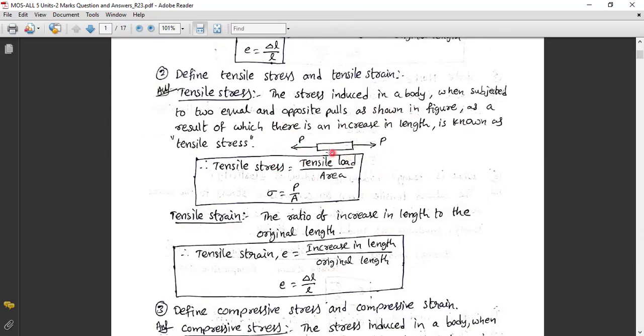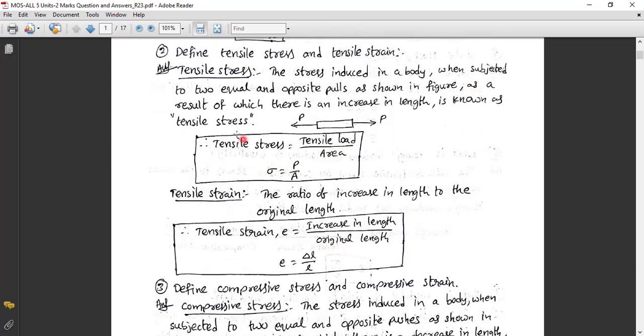If the length is increasing, the width is decreasing, which you can observe in tensile force. The formula: tensile stress is equal to tensile load upon the area. The tensile load P acts on this area of the body, so sigma is equal to P by A.